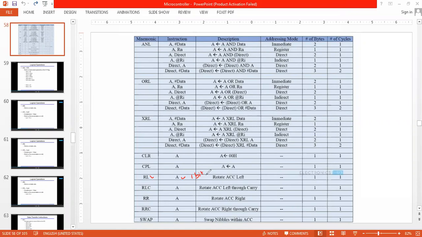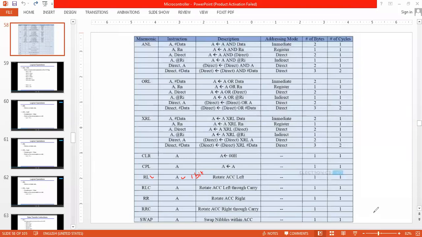I think you have worked upon ring counter and Johnson counter. Correct? For every pulse you are giving, the data is going to be shifted to the right side or to the left side by only 1 bit for 1 pulse. Can you remember that?